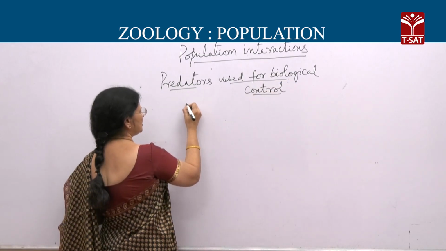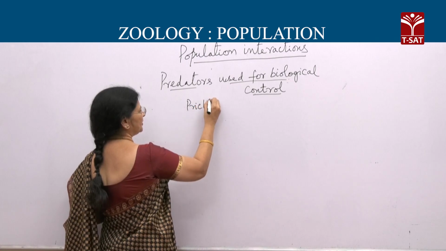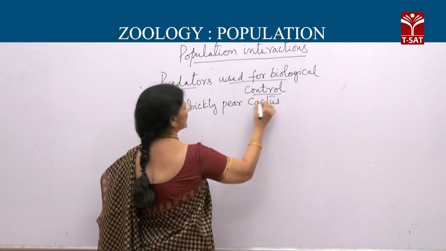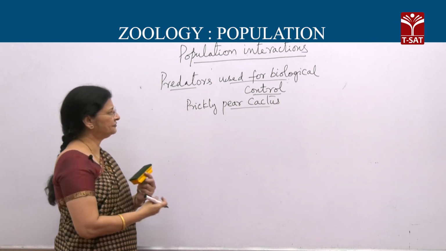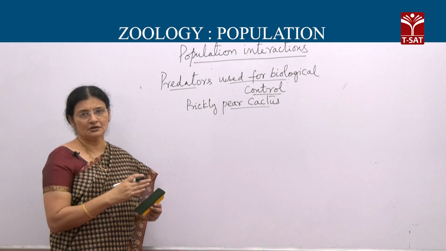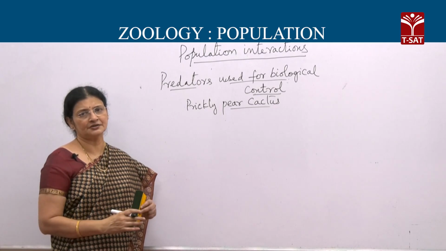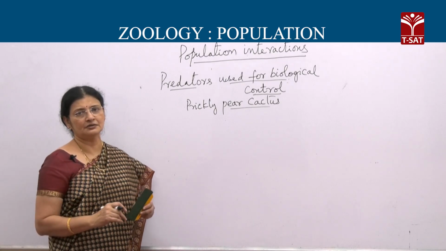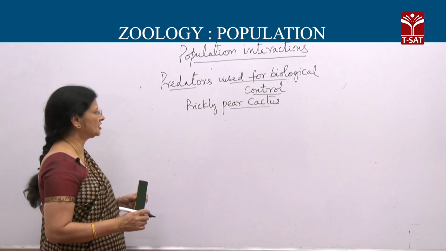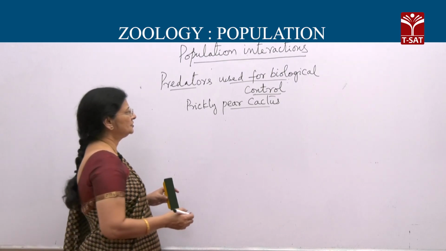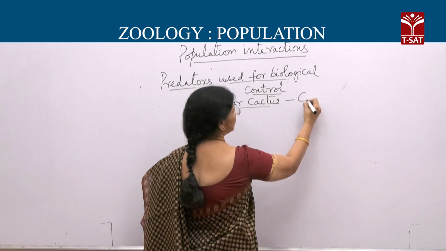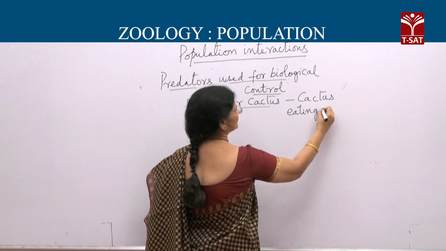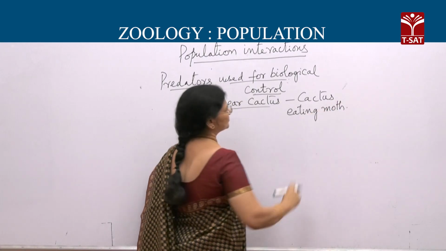Example, in Australia, when the prickly pear cactus, this weed, started spreading wildly all over the grasslands and pastures of Australia, to control this they used a cactus-eating moth.